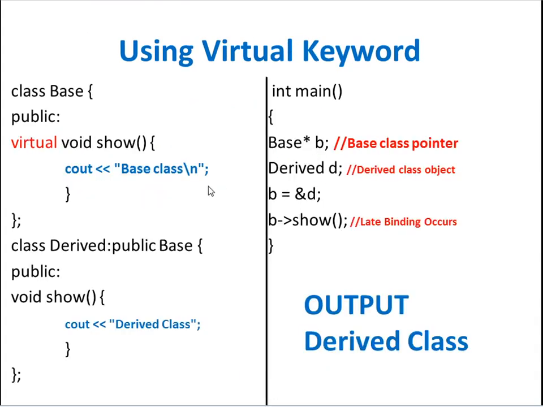And in the same code, we have just added the virtual keyword in front of the function, and all the code is the same as before. Only now, when executing, runtime polymorphism happens, and the correct function is executed, and it gives the proper output, the derived class output.